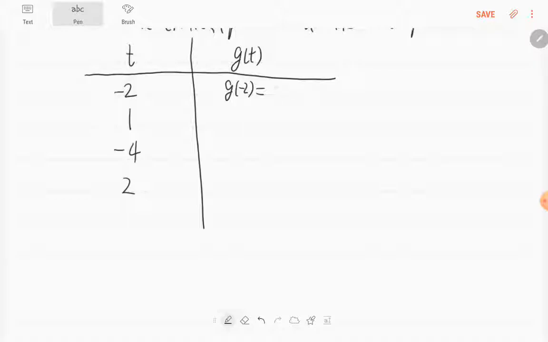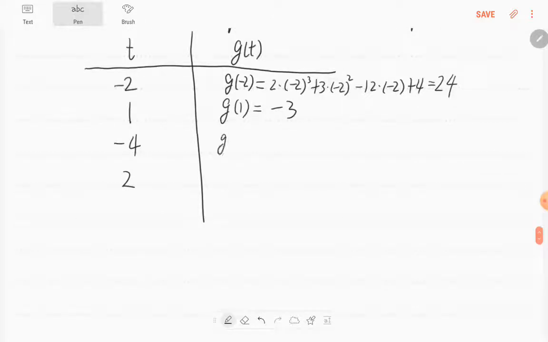So this is 2 times (-2) cubed, plus 3 times (-2) squared, minus 12 times (-2), plus 4. Then you will get 24. Similarly, g of 1 is -3.